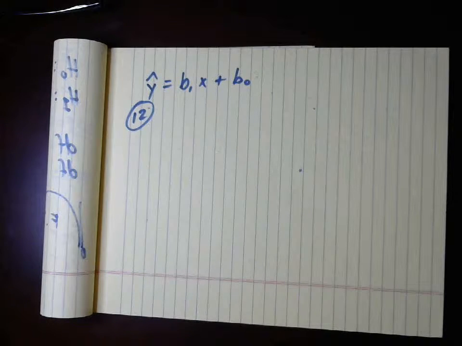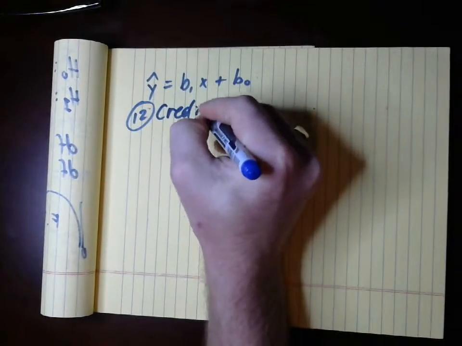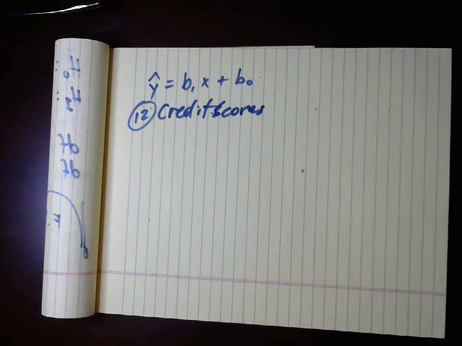So problem 12 is on credit scores. The credit scores are given, and the interest rate that was rewarded based off of a credit score is given for y. So x is your credit score, y is your interest rate that was given to you.